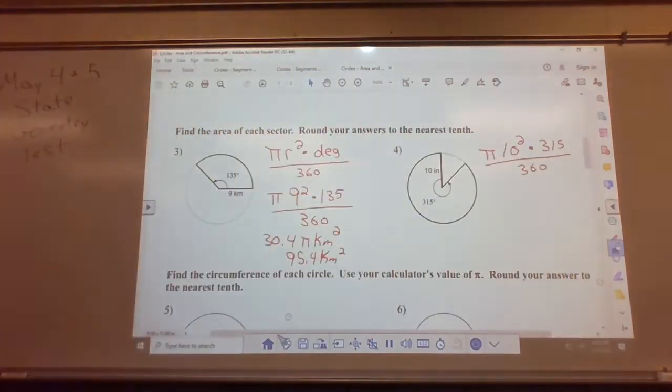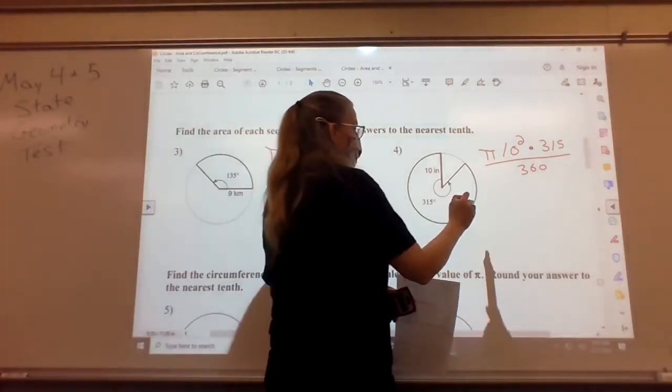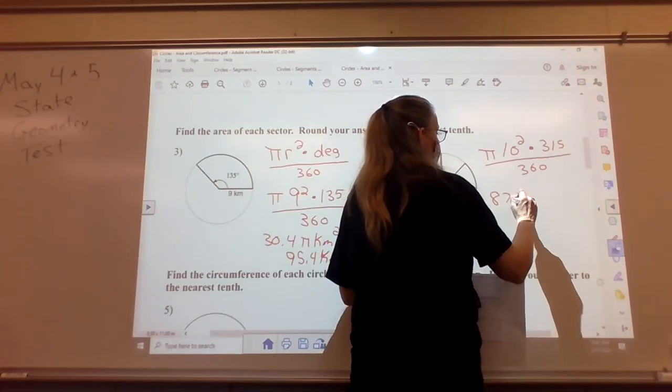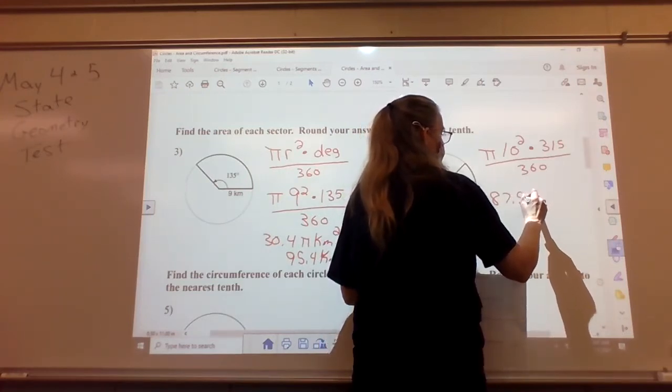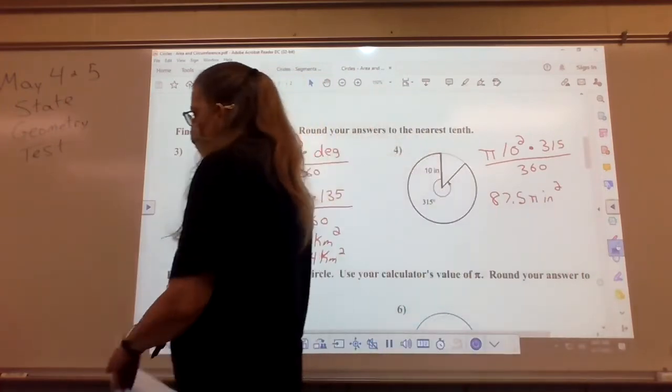There's my setup. 10 squared times 315 equals, divide by 360 equals 87.5 pi. 87.5 pi inches squared.